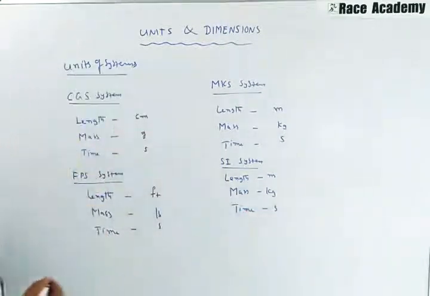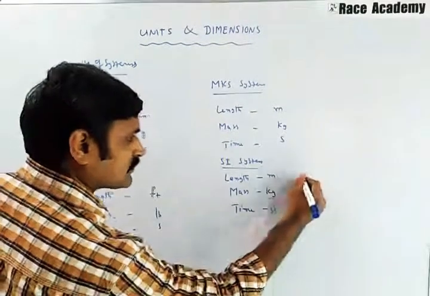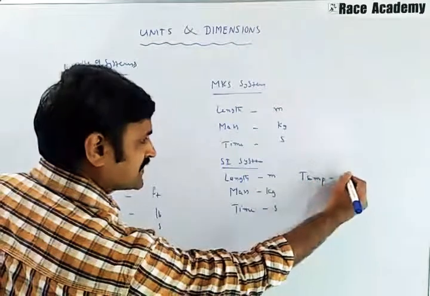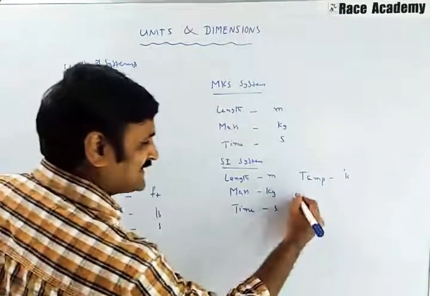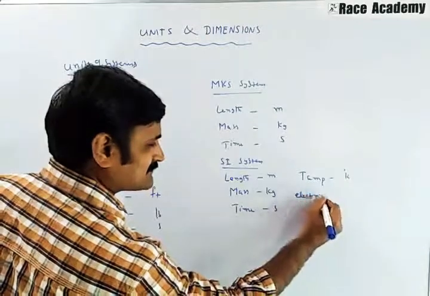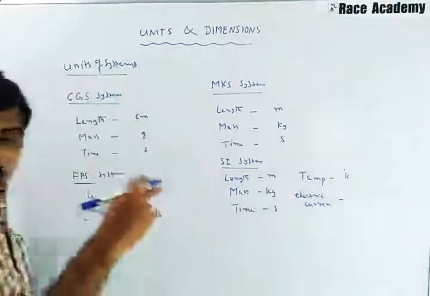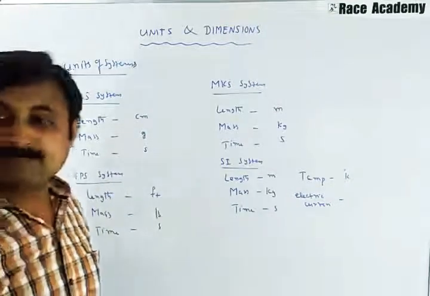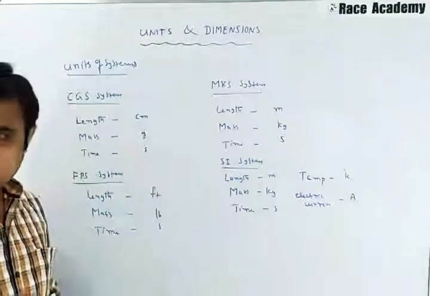Time will be measured in seconds. Temperature will be measured in kelvins. Electric current will be measured in amperes. Capital A is the symbol for amperes.